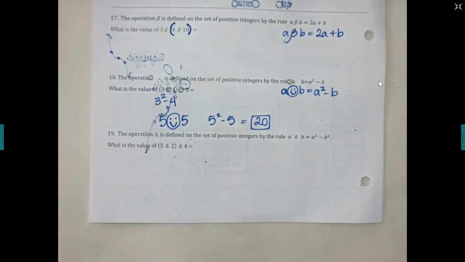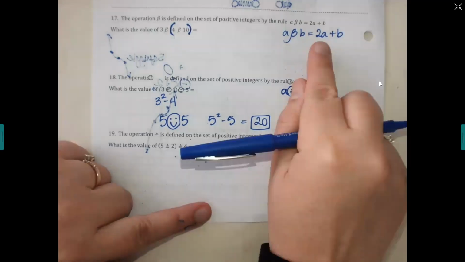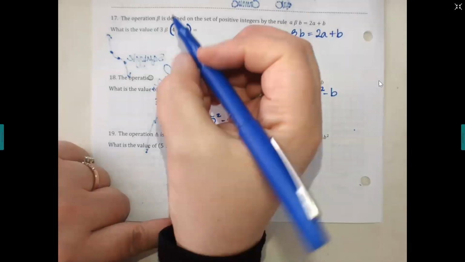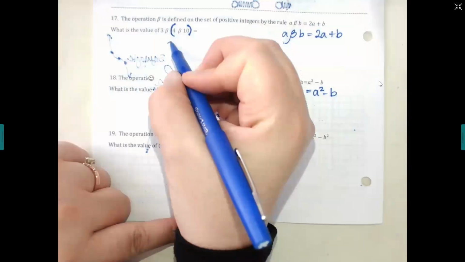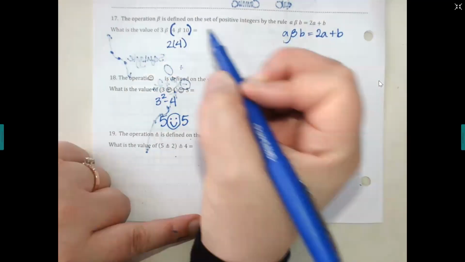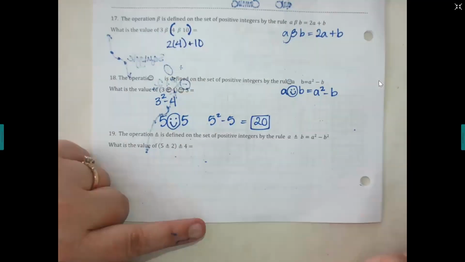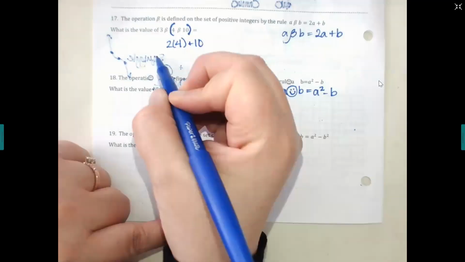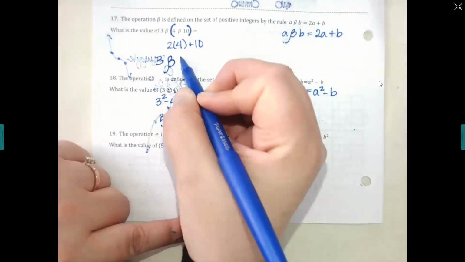What was your question, Karen? Oh yeah, you can, sure. So if I want 4 awkward B 10, what would I put for my equation? Okay, good. 2 times 4 is 8, plus 10 is 18, right? So now I want 3 awkward B 18.